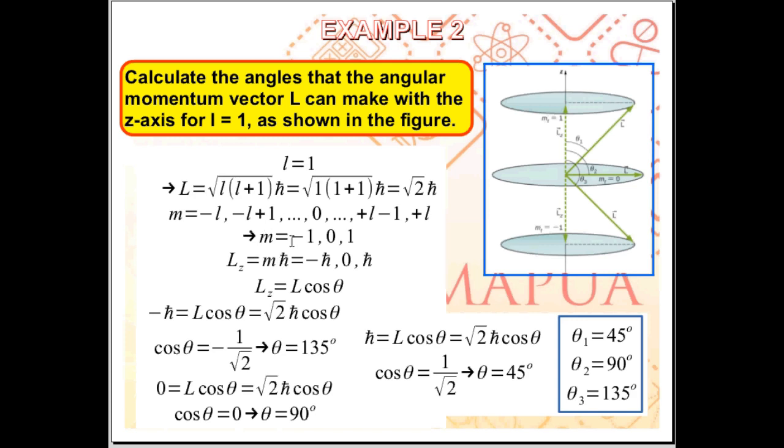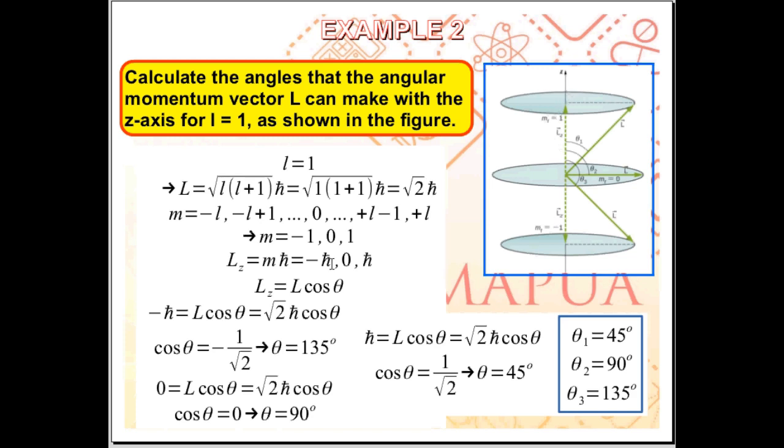That means if there are 3 possible values for m, there are 3 possible values for Lz: negative h bar, 0, and h bar.